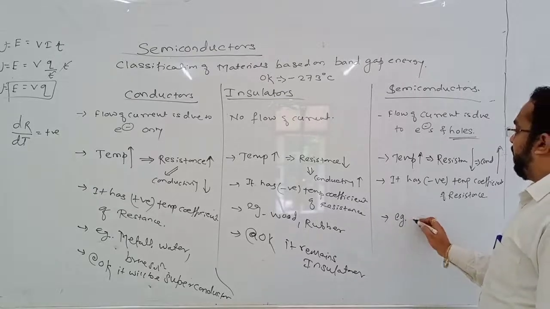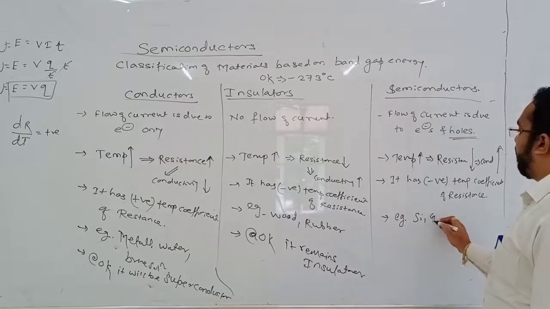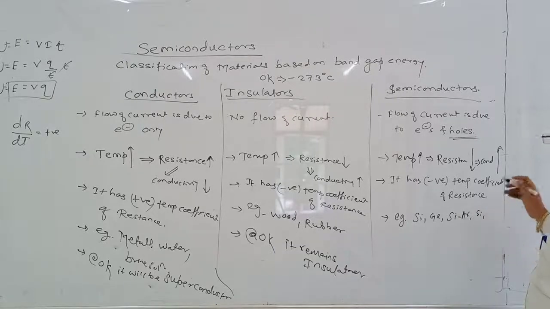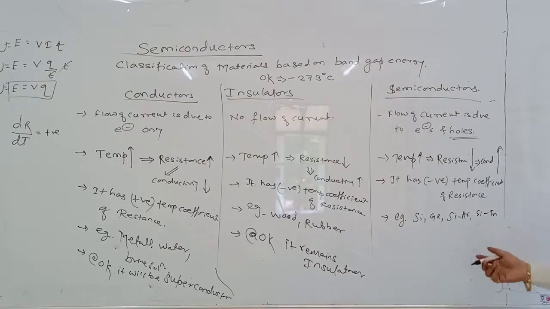Next example, silicon, germanium. Then there are mixtures of silicon and arsenic, silicon and indium. We'll see. These are the examples.